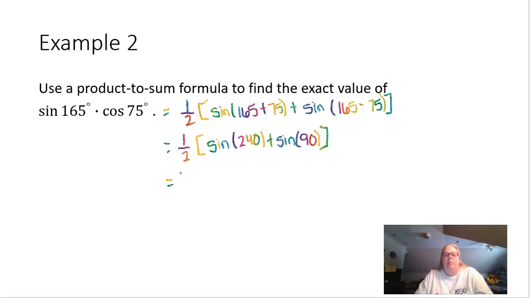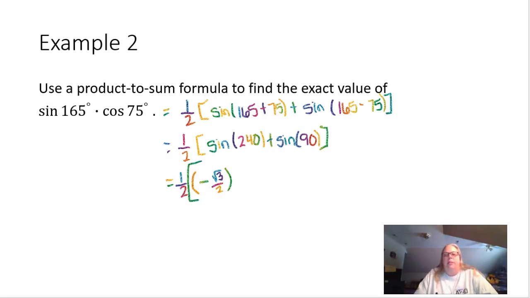And we can actually simplify this further because from the unit circle, I know what the sine of 240 degrees is. That's over in quadrant 3, and it corresponds to 4 pi over 3, and the sine at 4 pi over 3 is going to be a negative square root of 3 over 2.